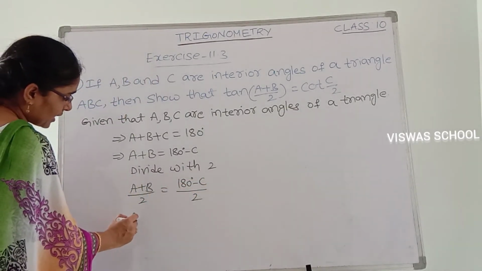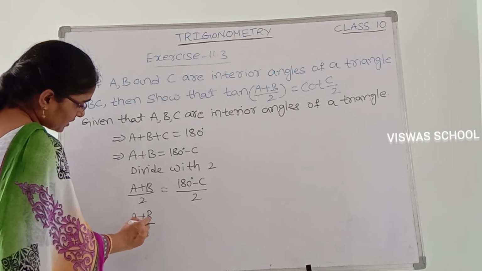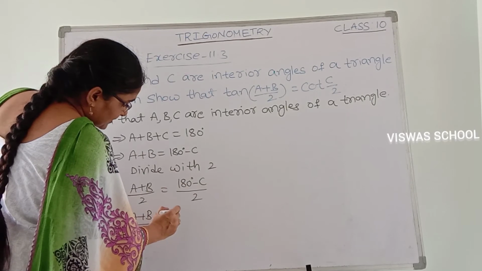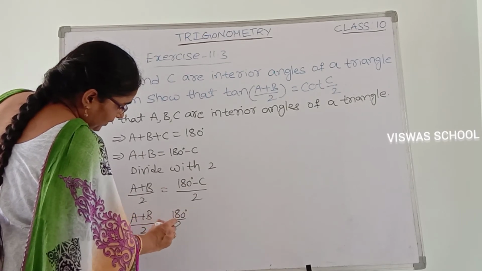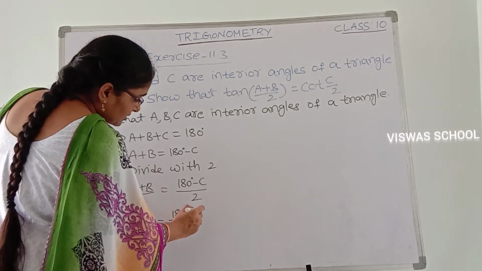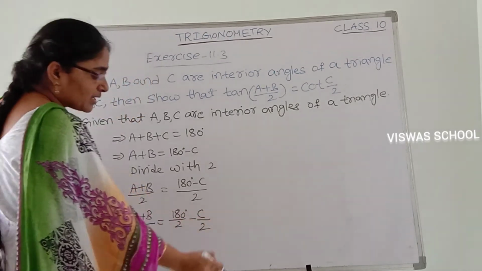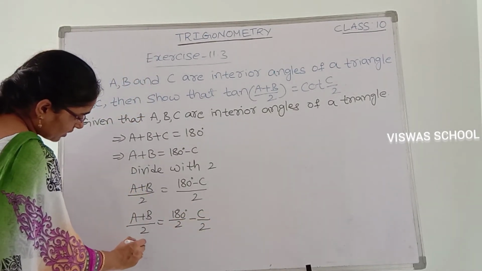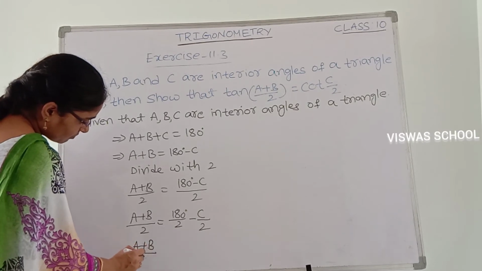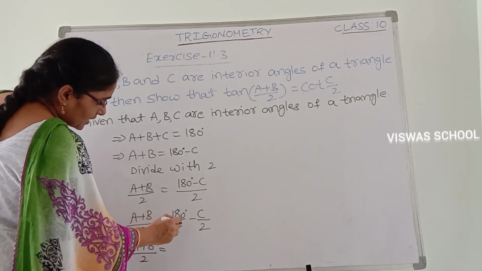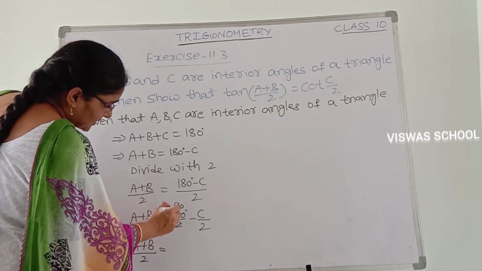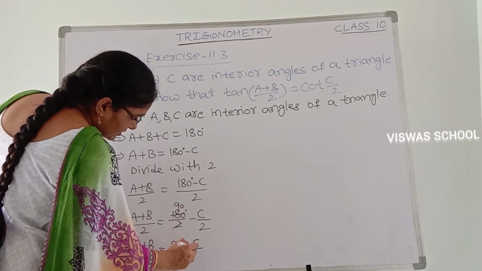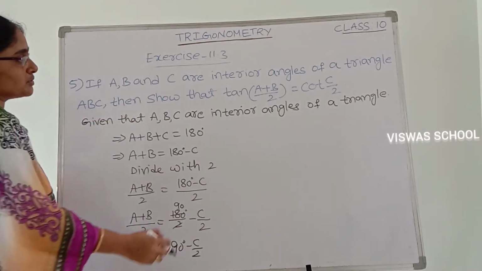That means (A plus B) by 2 is equal to, here I am separating this 2 as 180 degrees by 2 minus C by 2. That is (A plus B) by 2 is equal to what? 180 by 2, 2 ones are 2, and 2 nines are 90. That is 90 degrees minus C by 2.